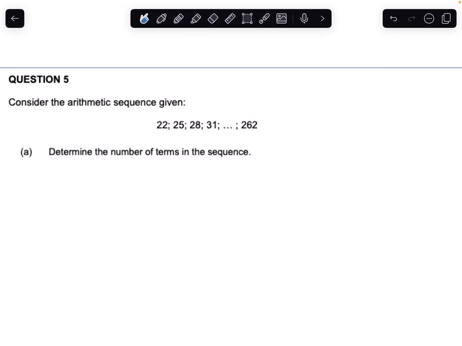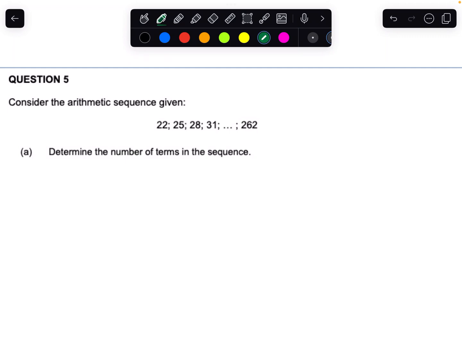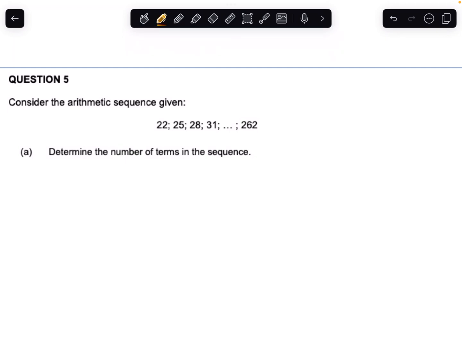Okay, so we know the last term in the sequence is 262. For an arithmetic sequence, the nth term is given by a plus n minus 1 times d. In this case, we don't know what n is for that term.